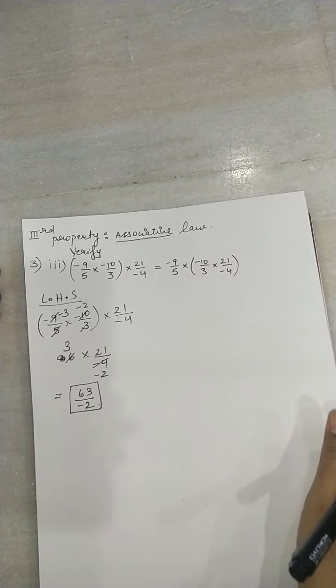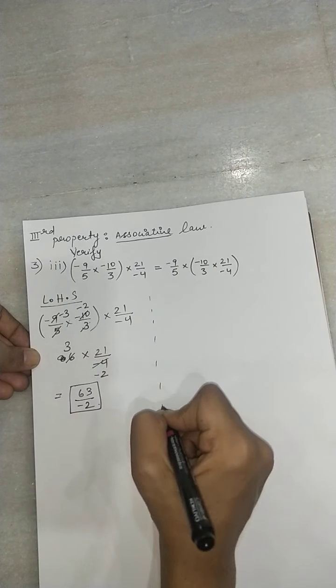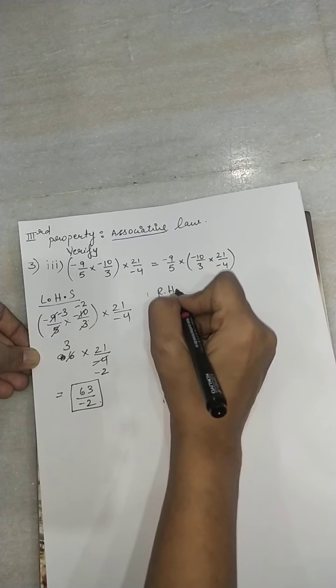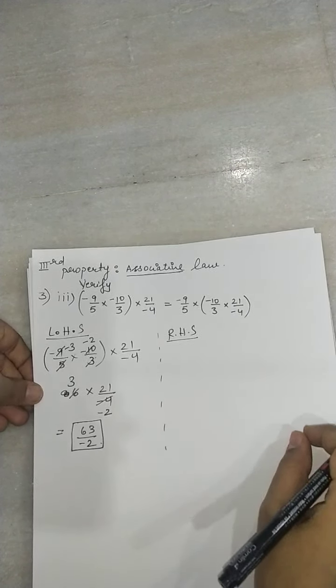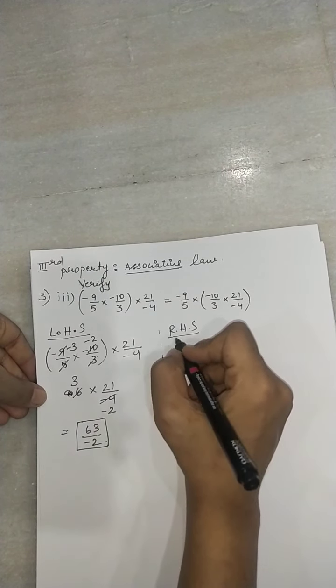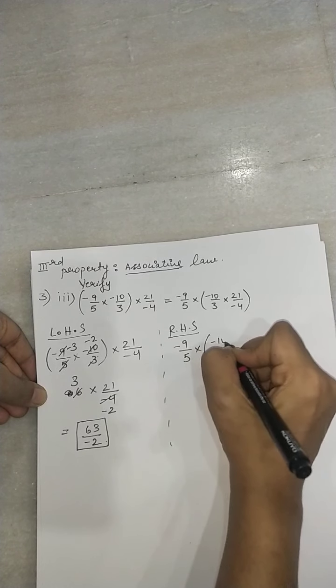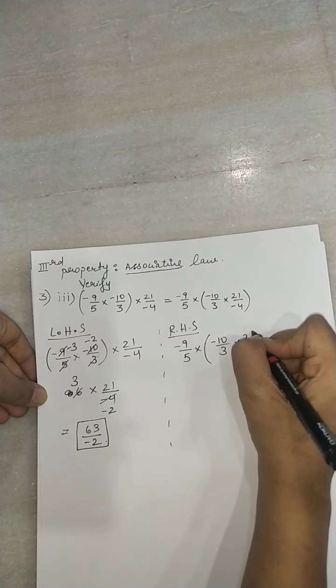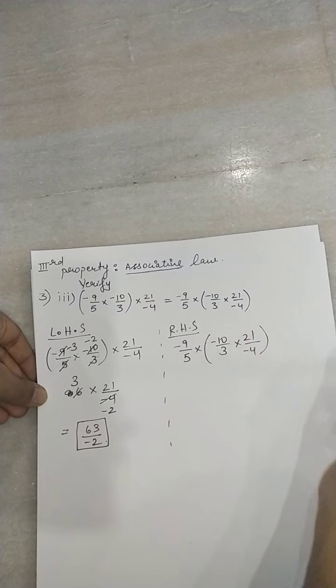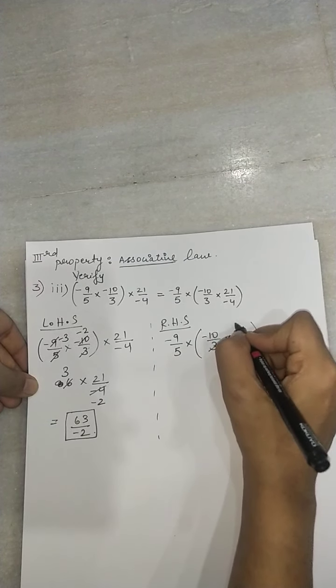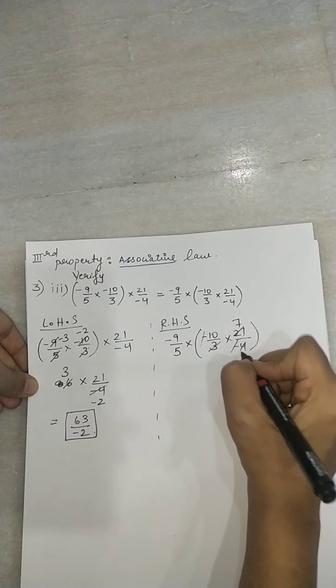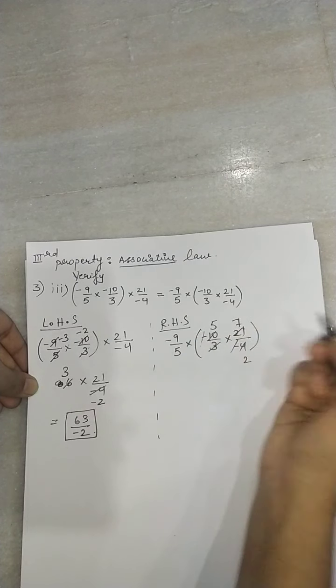Now I'll solve the RHS and let's see whether it comes the same or not. I guess it should come the same because the values are the same, only I'm changing the order of the values. So minus 9 upon 5 into minus 10 upon 3 into 21 upon minus 4. The 3 7s are cut, minus minus cut, 2 2s are, 2 5s are.